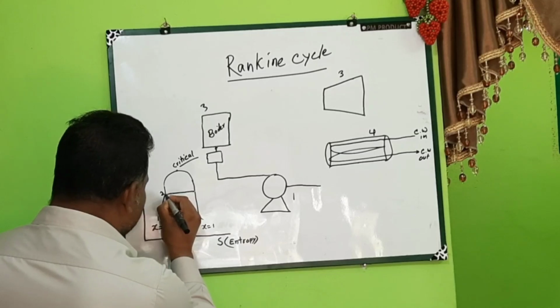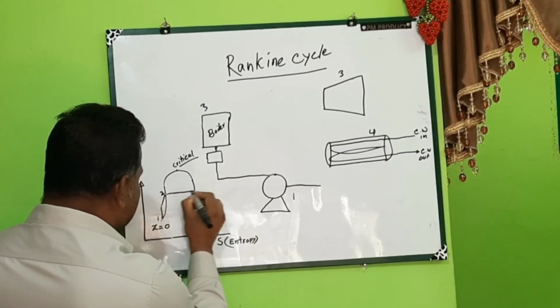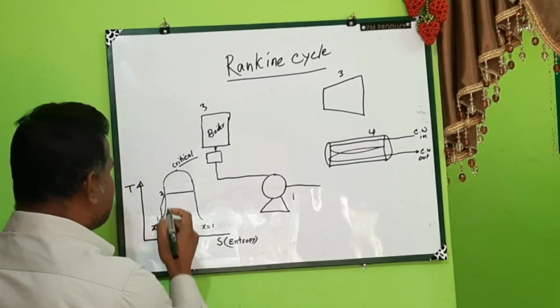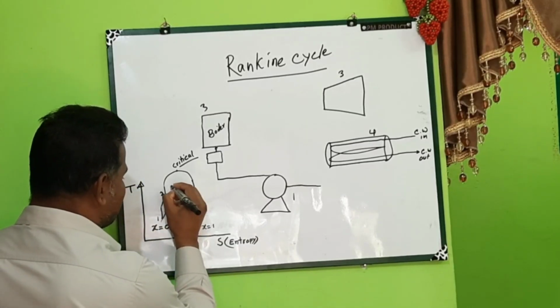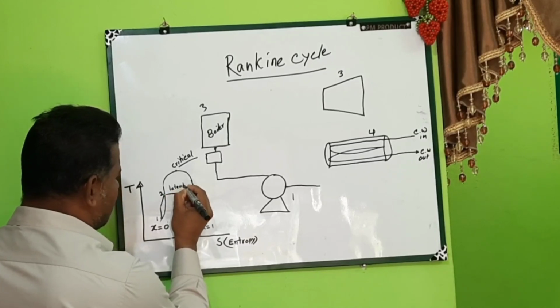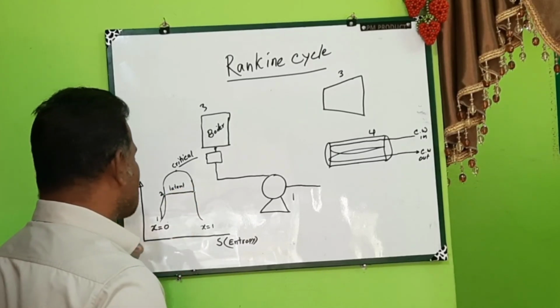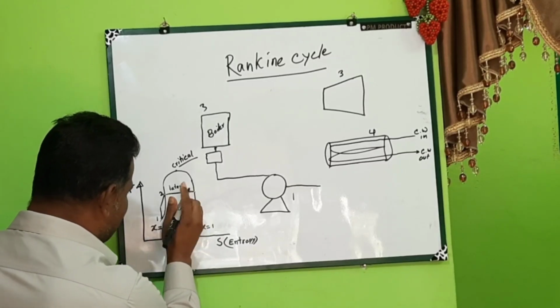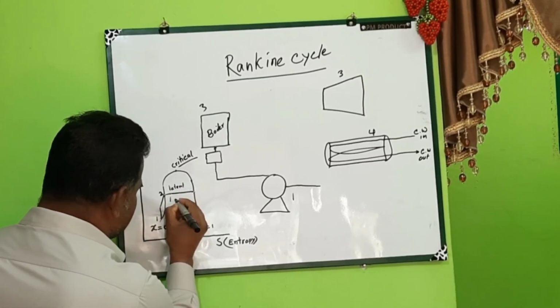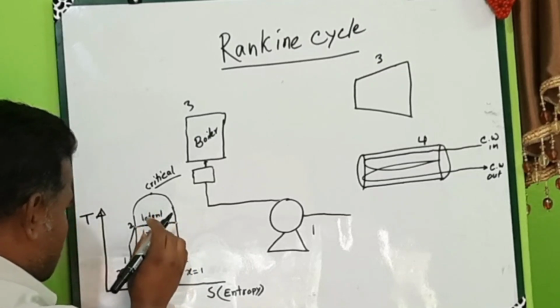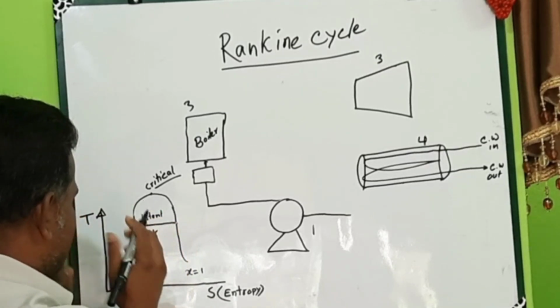From this point to this point the temperature does not increase, but heat has been taken. This heat is called latent heat. How much heat is taken from this point to that point is called latent heat. In this middle zone, liquid and vapor are both available, and both are taking heat.